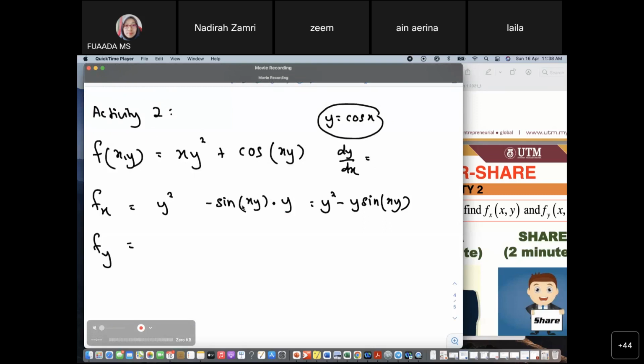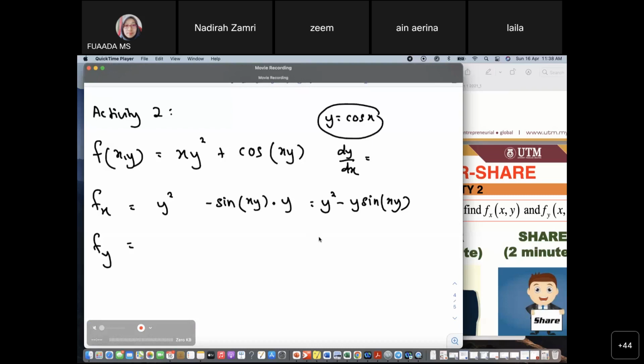Cos jadi negative sine, tapi sine of what? Sine for everything in the bracket. You just copy. We don't bother about the second layer function. We just bother about the outer, the cosine. So bila you differentiate cos, you akan dapat negative sine of whatever in the bracket, you copy. Then multiplied by the derivative of the inner function terhadap x. So xy bila differentiate terhadap x, you dapat y. Itu saja. Faham? Boleh ke?